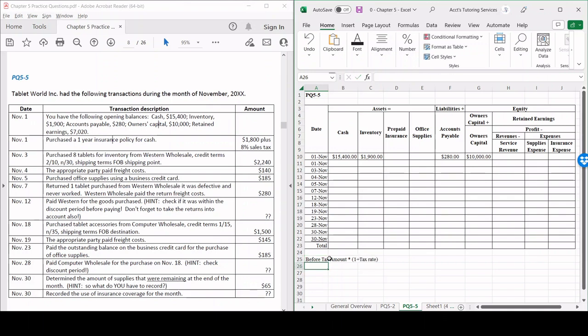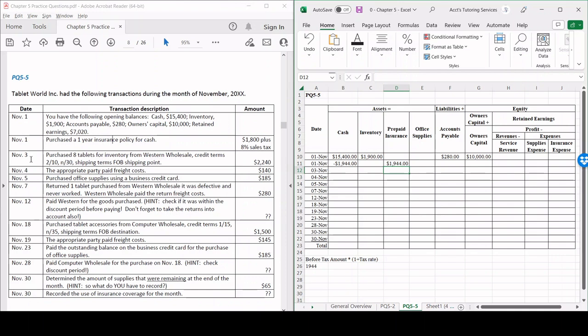So we already know that. 1,800 times 1 plus 0.08 is going to give us our after-tax amount of 1,944. We paid cash for this, so cash is going to go down by this amount, and then prepaid insurance is going to go up by this amount.